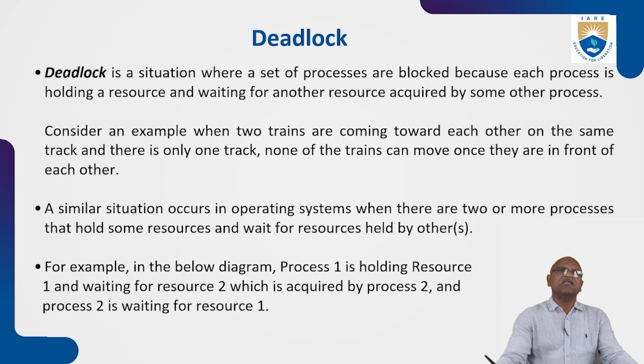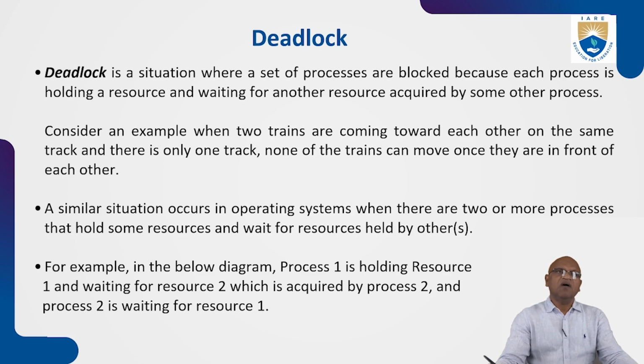Consider an example when two trains are coming towards each other on the same track and there is only one track. None of the trains can move once they are in front of each other. A similar situation occurs in an operating system when two or more processes hold some resource and wait for resources held by the others.